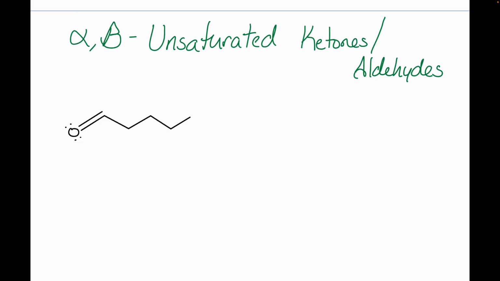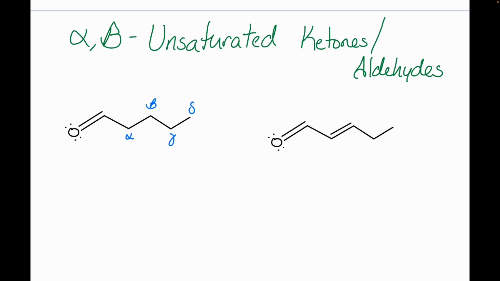So the first carbon would be the alpha carbon, then the beta carbon, then the gamma carbon, then the delta carbon, and then epsilon, etc. So an alpha beta unsaturated ketone or aldehyde means that between our alpha and beta carbons we have a double bond, right? A degree of unsaturation.